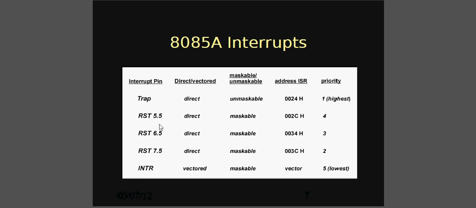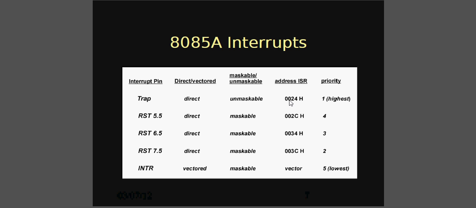These are the interrupt pins, which you can see on the 8085A schematics: there's the TRAP interrupt pin, RST 5.5, RST 6.5. This column shows the type, whether it's a direct or vectored interrupt. Most of the interrupts are direct. And this column shows whether the interrupt is maskable or non-maskable.